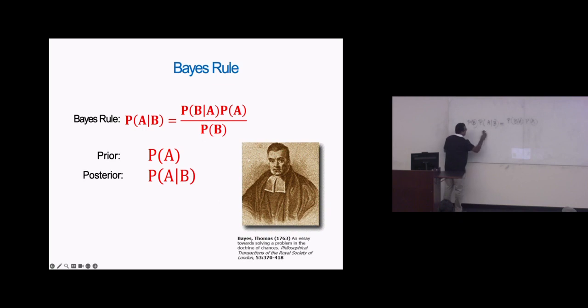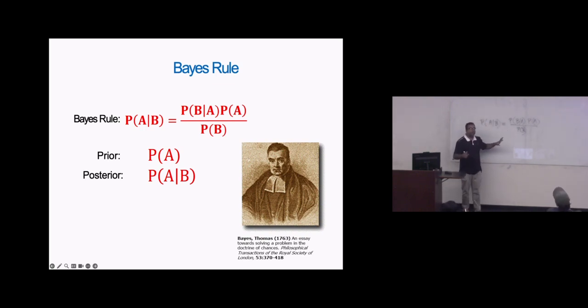Now it just uses a different representation for the joint probability. It just reorganizes terms, but it helps us figure out this conditional probability in terms of other conditional and prior probabilities.